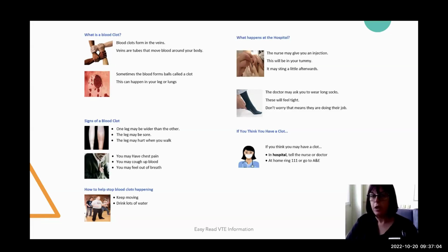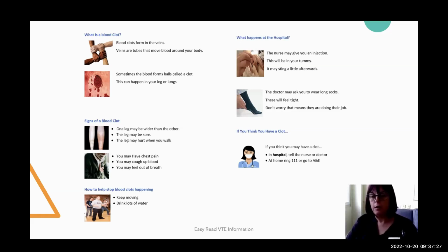I've talked about injections, and I thought it was quite important to show a picture of a needle going into the abdomen. They need to know that that is what's going to happen, that it will go into the abdomen and that it may sting a little bit afterwards. I've also talked about anti-embolism stockings.